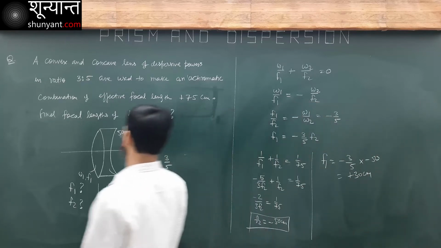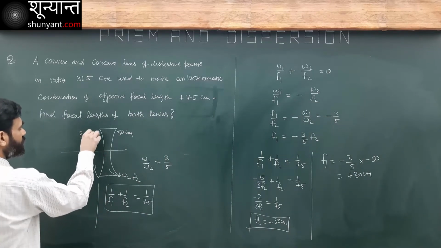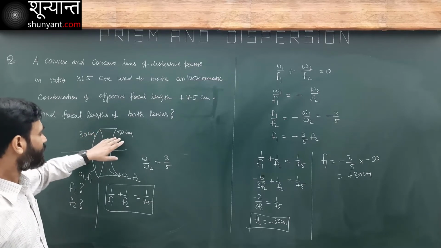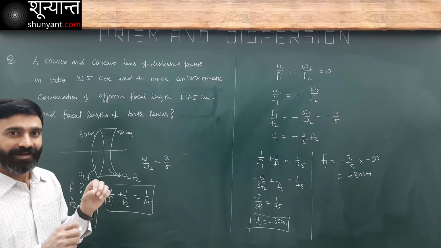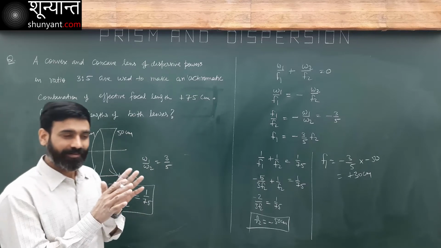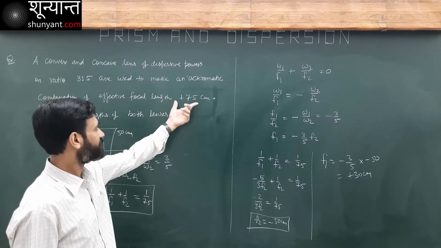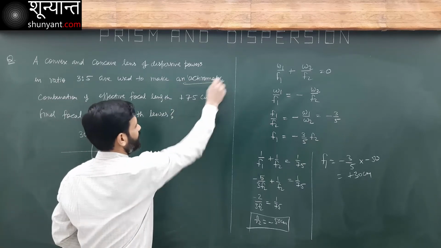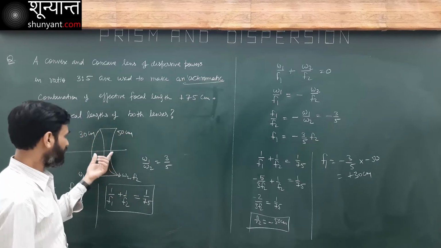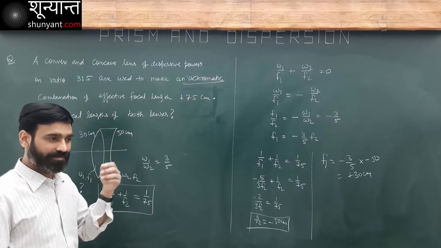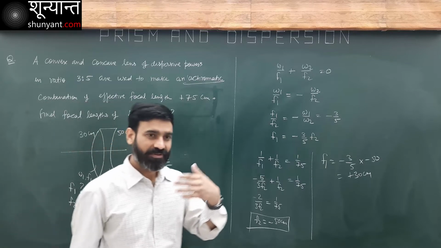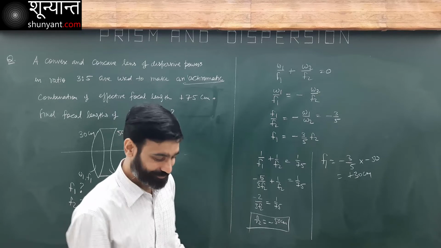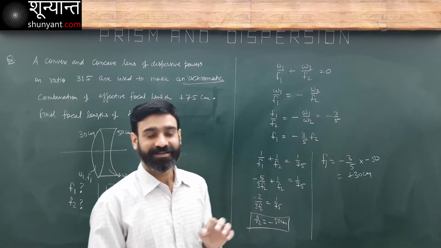So if I use a convex lens of focal length 30 centimeter and a concave lens of focal length 50 centimeter, then I am going to get a lens of effective focal length 75 centimeter, plus it will be achromatic. So if I use this lens in my spectacle, my vision will be normal. I will not see colorful things. This is known as chromatic defect.